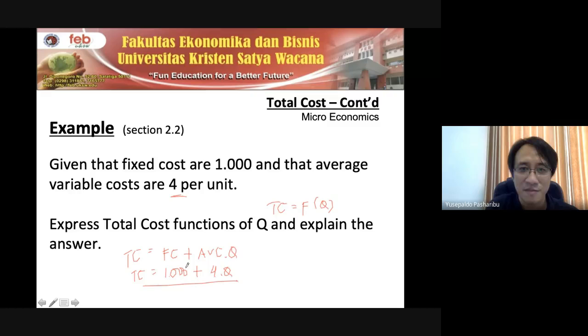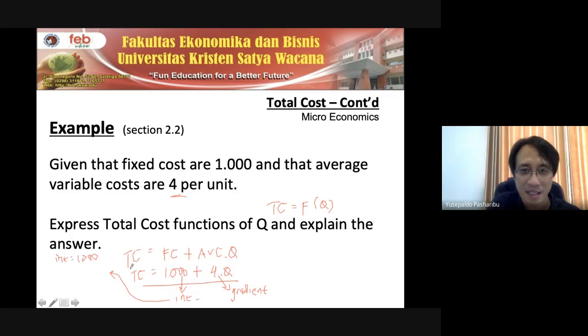This total cost function also has an intercept. This is the intercept, and this part is the gradient or slope. The intercept is 1,000.